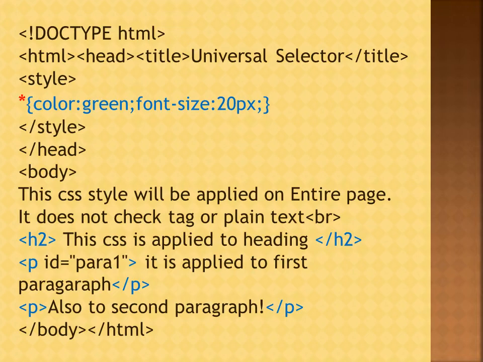Or when you use multiple HTML elements such as h1, h3 up to h6, then all these HTML elements use this style: text color green and font size equal to 20 pixels. Then body tag close and HTML tag close.